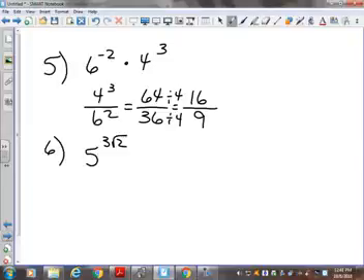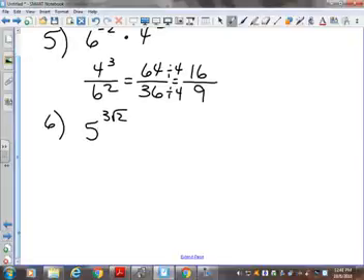Now this is where having a calculator comes in very handy, because I don't know what to do if that power problem doesn't have a whole number exponent. There's no way anybody can work that in their head. Well, let me rephrase that. I'm sure there's some genius in the world who probably could. But the average Joe can't because it's not a whole number power. So that's where you want to use your calculator.